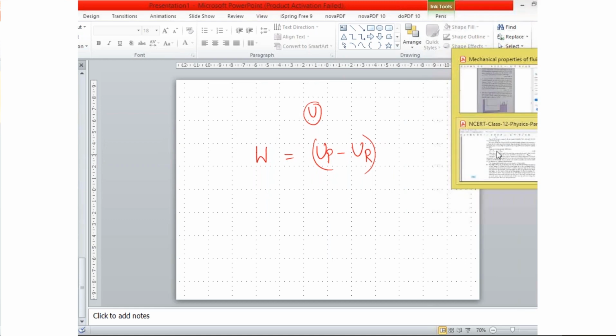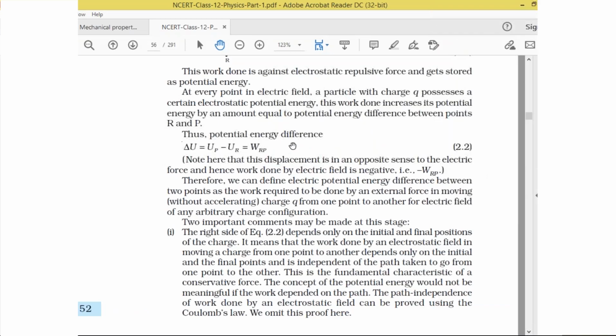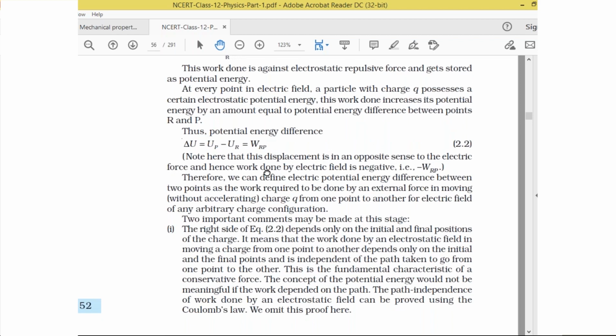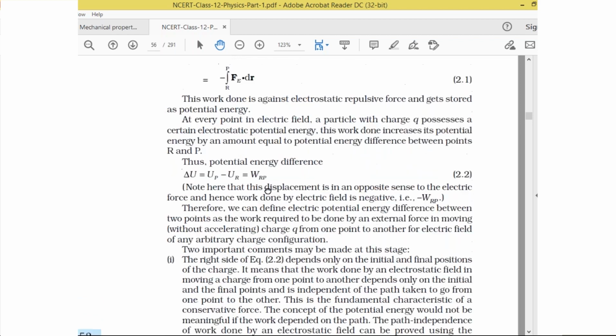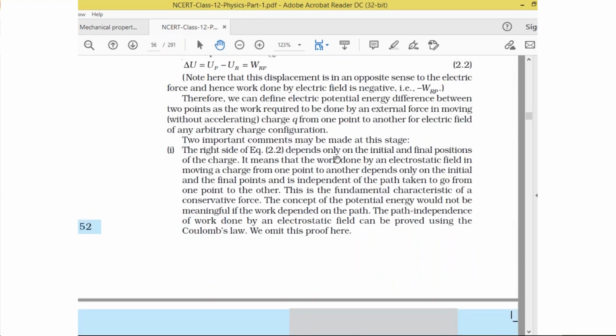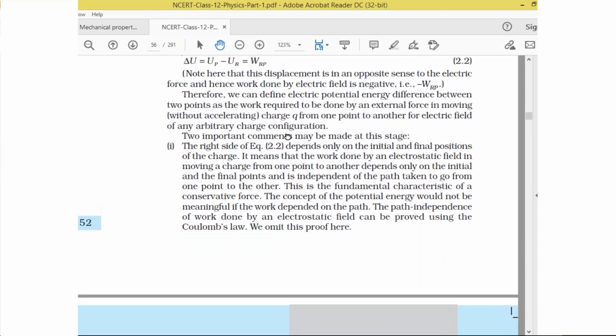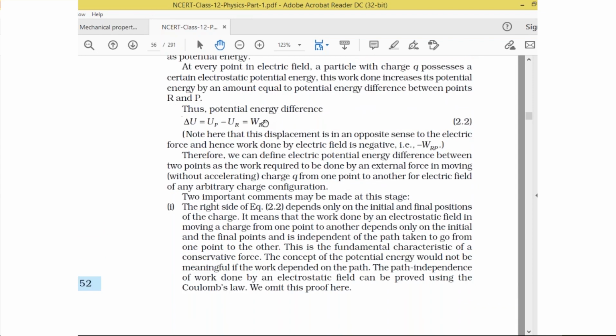That is what they have written in your book. Look here. So the potential energy difference is nothing but the work done. Now, the point I have already made: the potential energy at an individual point is not of that importance.